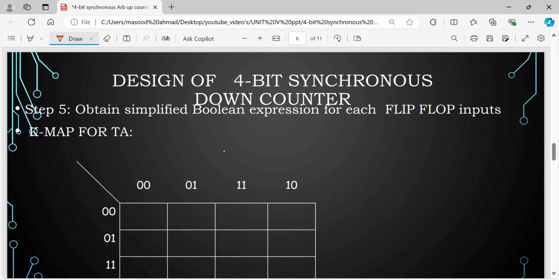Now I have QA, QB, QC, QD. What I need to do?